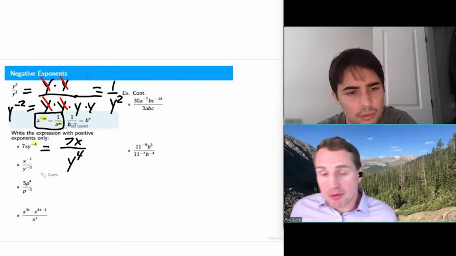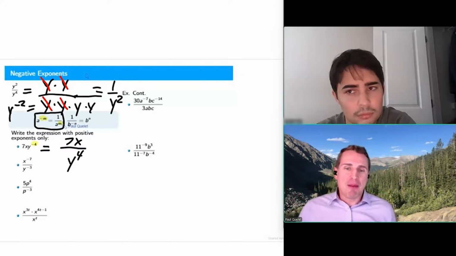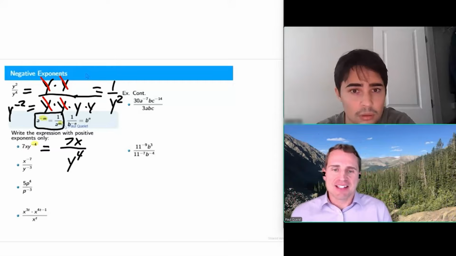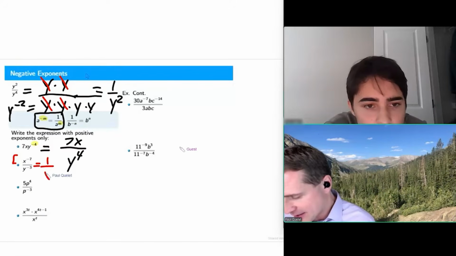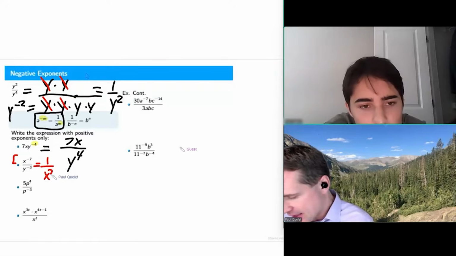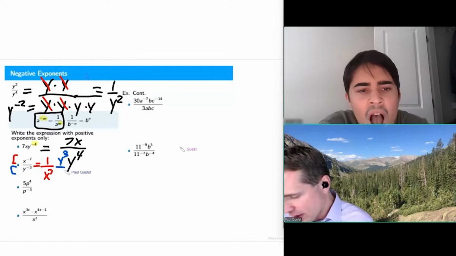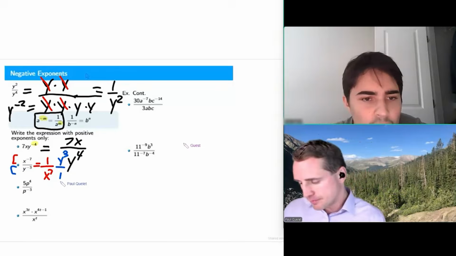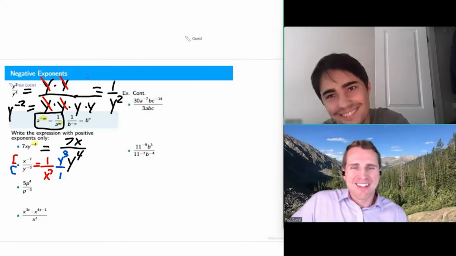The next example is a nice example because it uses both rules. So I'm going to suggest the x to the minus 7 gets flipped to the what? 1 over x to the 7. Then the other one down here is going to give us y to the 3rd over 1, flipping it to the top. So why is the y up, but the x is down? Good question.